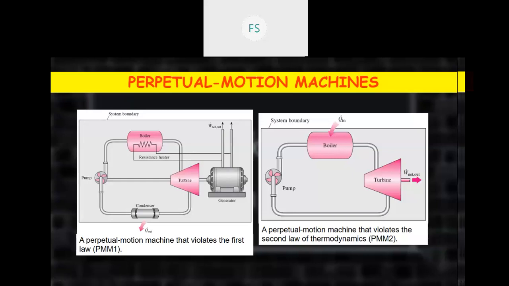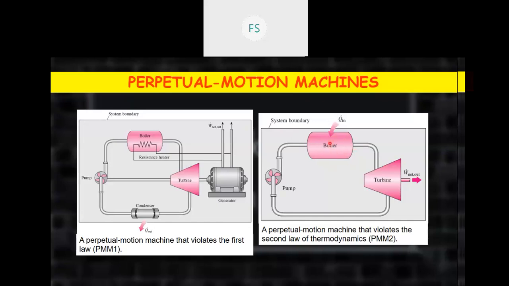Next, look at the second figure. This second figure shows the perpetual motion machine that violates the second law of thermodynamics, or PPM2. They have a system boundary, still the same as PPM1. Inside the boundary, they have three components.